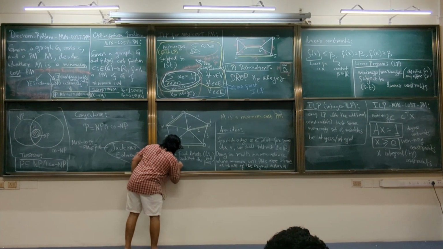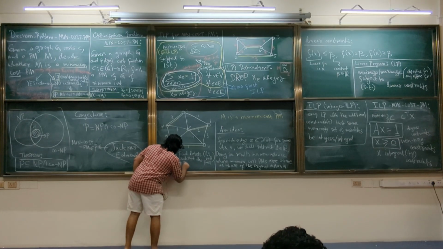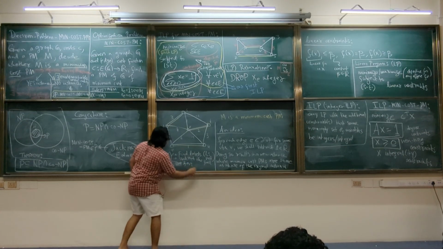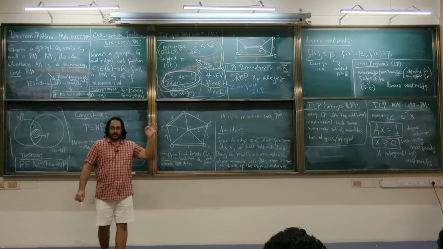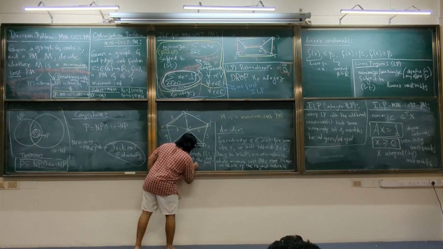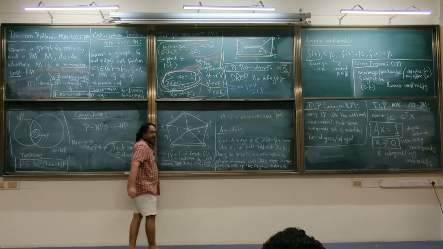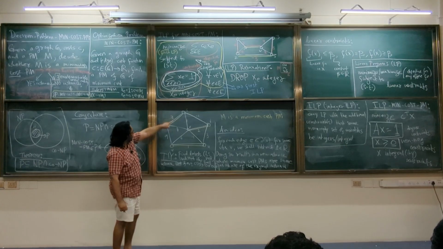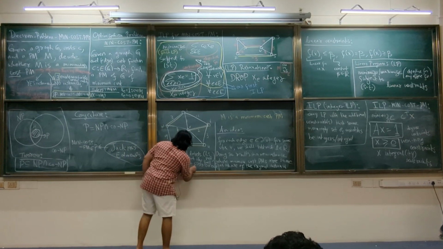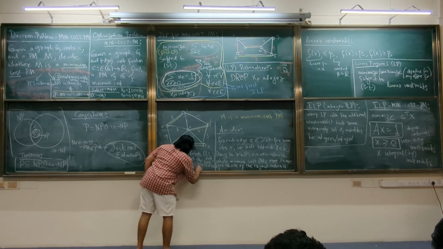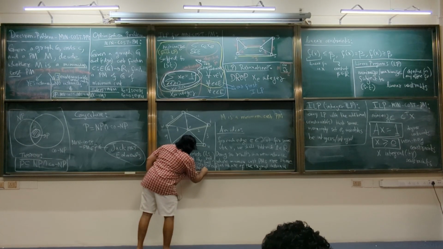The cost of each edge is non-negative. I'm going to call it C prime. This is the final cost after doing this. C prime of each edge is non-negative. And the cost of the given yellow matching, this fellow, C prime of M, is 0.